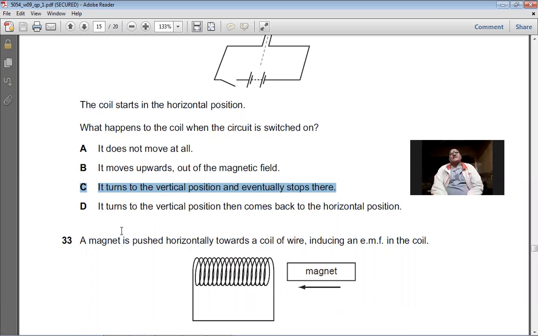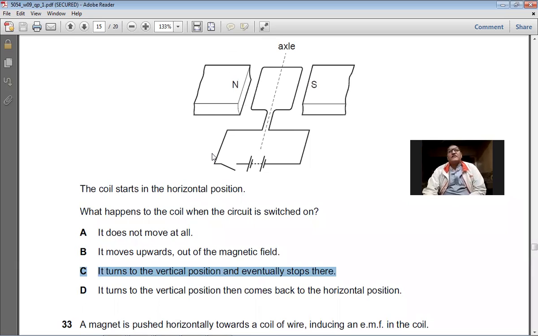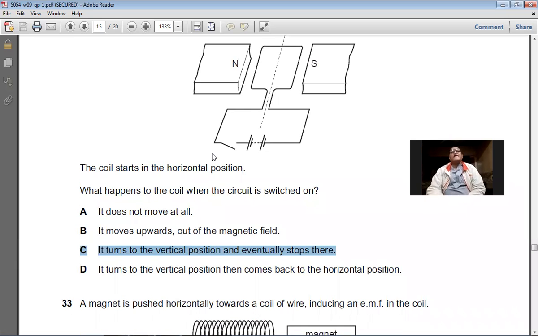The coil starts in the horizontal position. What happens to the coil when the circuit is switched on? It does not move at all. It moves upward out of the magnetic field. It turns to the vertical position and eventually stops there.